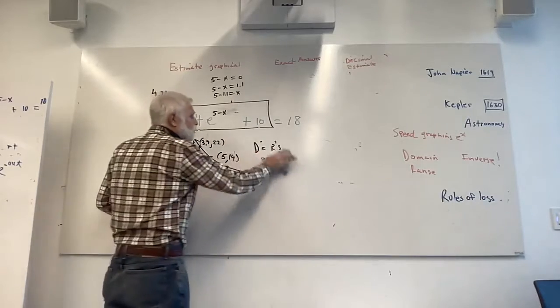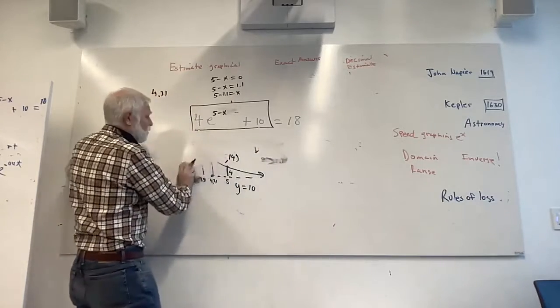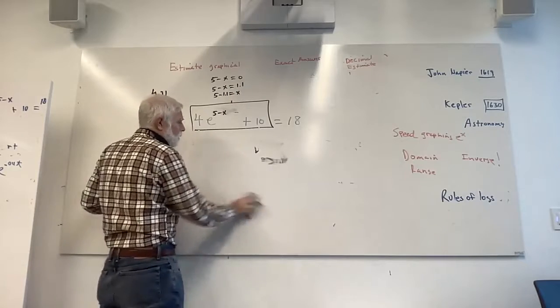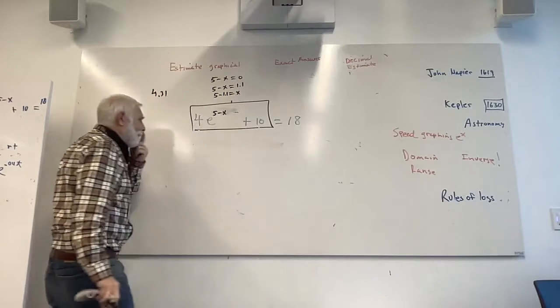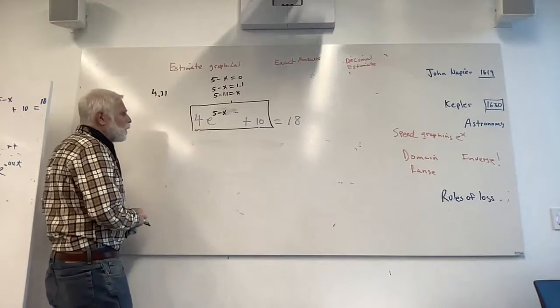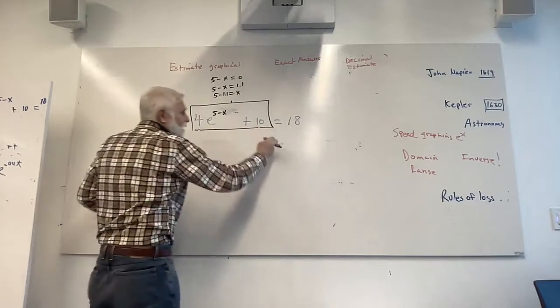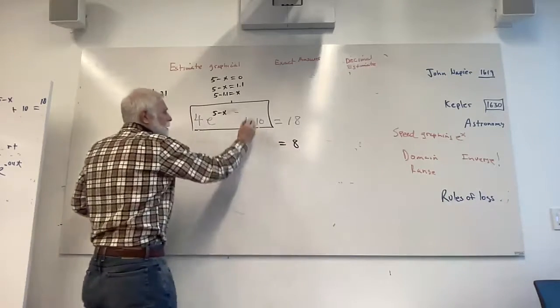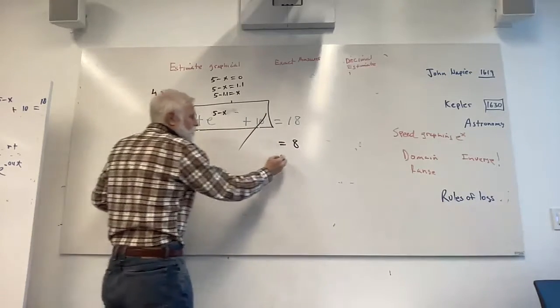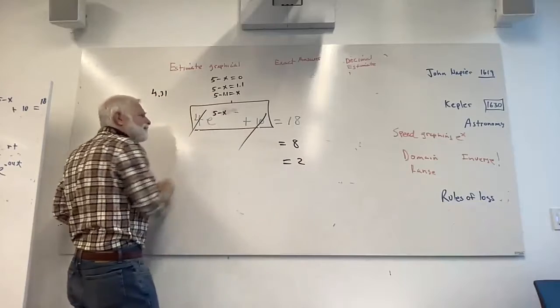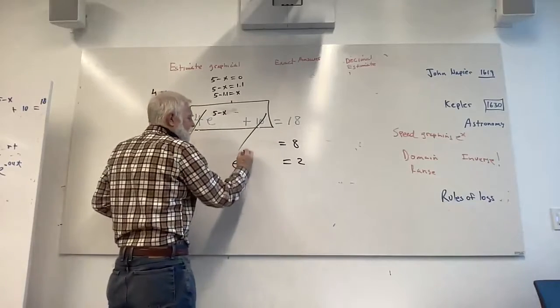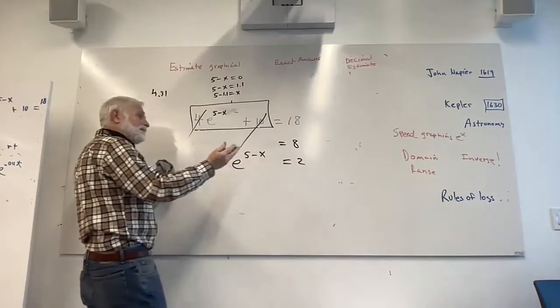Okay, let's solve. 4.31, I'm going after it. I think I'll subtract 10. I think I'll divide by 4. Oh yeah, isn't that such a nice number? E to the 5 minus x. How do I solve?